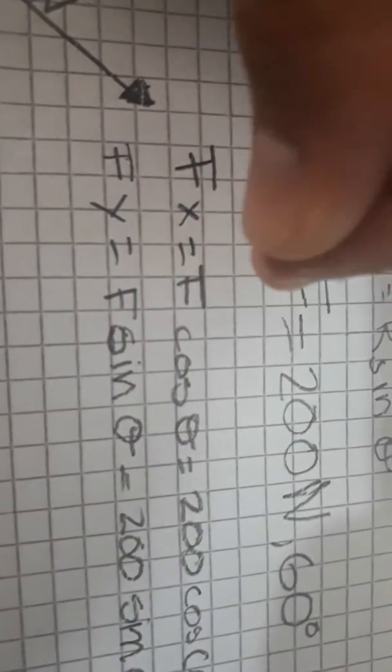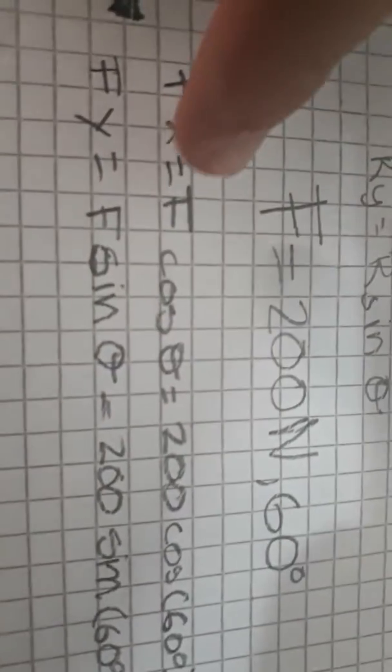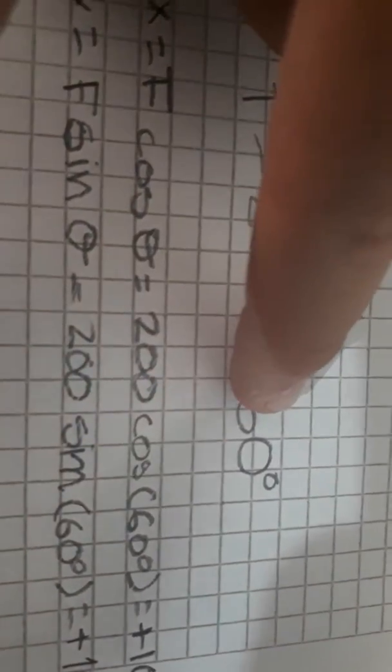So we're going to solve it. Fx is equal to F cosine of the angle. F is equal to 200 newtons. Cosine of the angle, that's 60 degrees. And the answer is positive 100 newtons.